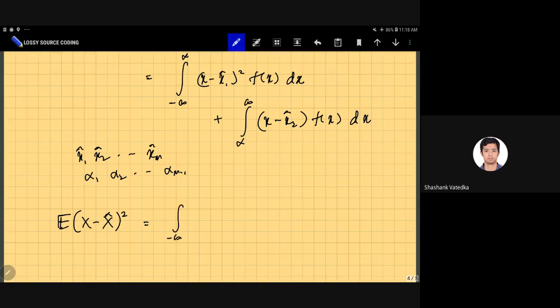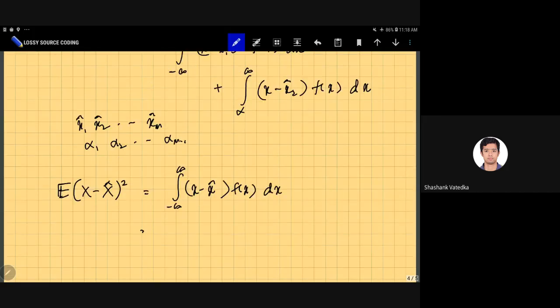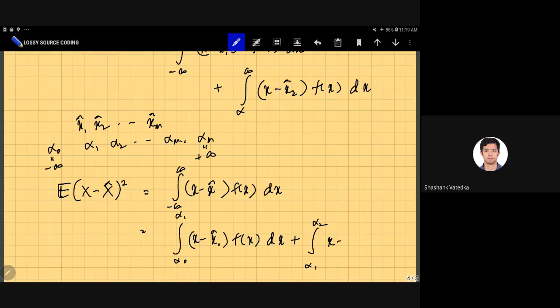So the integral from minus infinity to infinity of x minus x hat, f of x dx, if I call alpha 0 to be minus infinity and alpha m to be plus infinity, will be the integral from alpha 0 to alpha 1 of x minus x1 hat, f of x dx, plus the integral from alpha 1 to alpha 2 of x minus x2 hat, f of x dx, and so on.